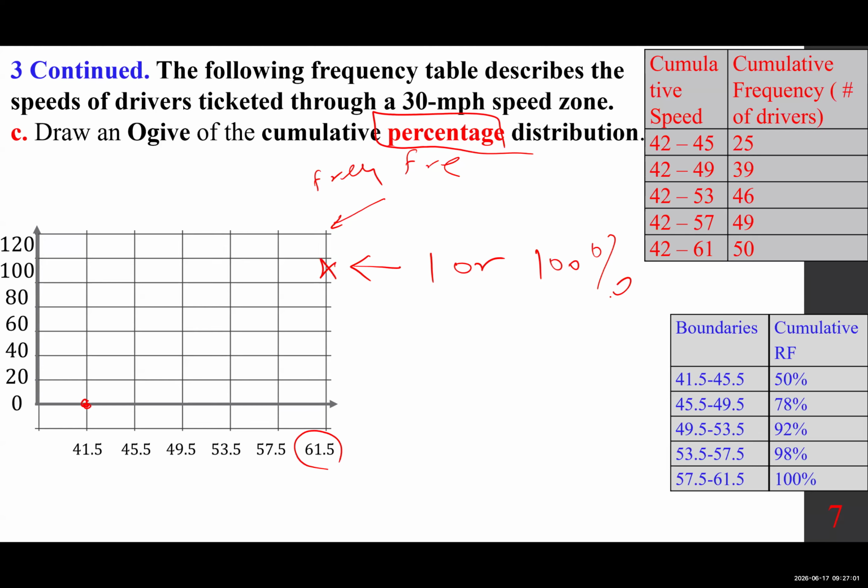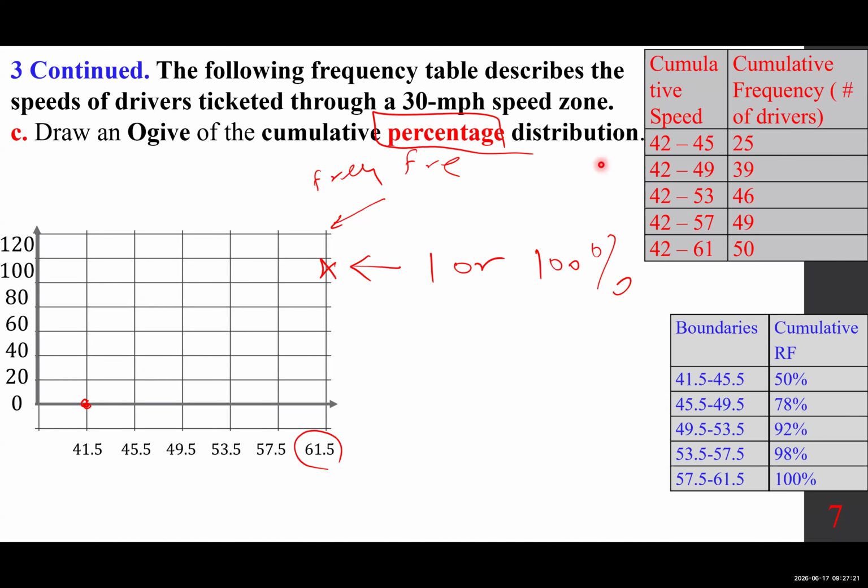So that's the first thing I want everybody to know. The lower boundary of the first class, 0. The upper boundary of the last class, either 100% or 1 or 50, depending on the question. If the question is asking for cumulative frequency, then you go with 50. Percentage, you go with 100%.